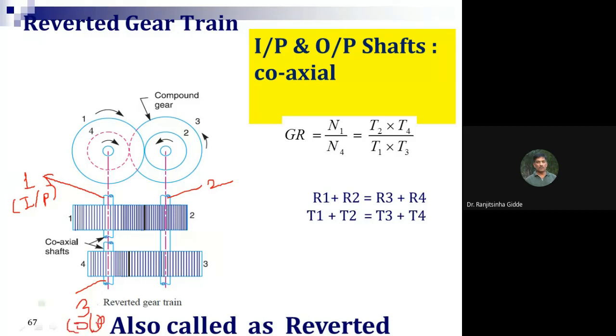Okay. So gear 1 and gear 4 are mounted on separate shafts. Gear number 2 and gear number 3 are mounted on the same shaft. Therefore, what is indicated by 2 and 3? These are the compound gear.